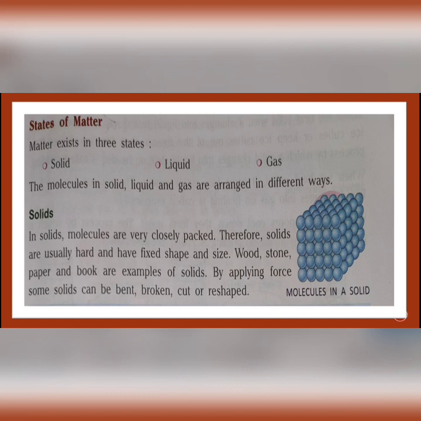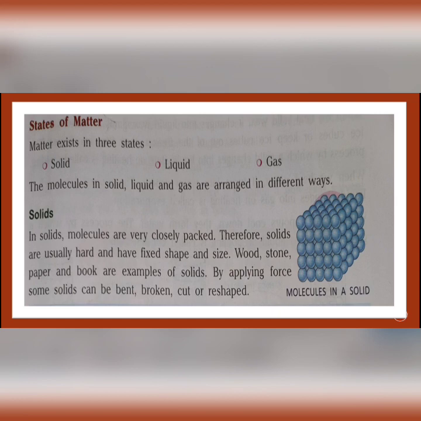So the 3 states of matter, solid, liquid and gases, are not the same. They are different. How are they different? Because the arrangement of the molecules is not the same in all the 3 states of matter. That's why they are 3 different states of matter.